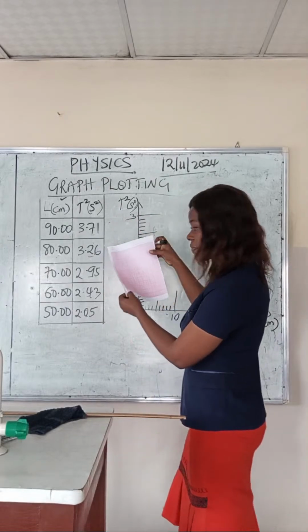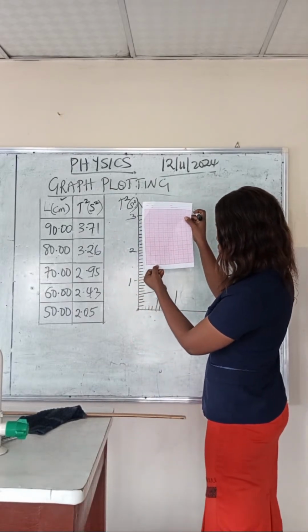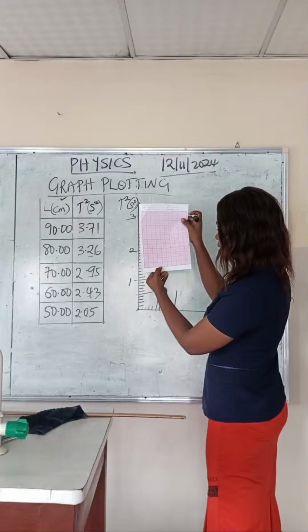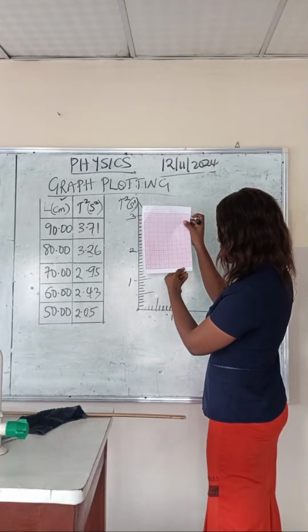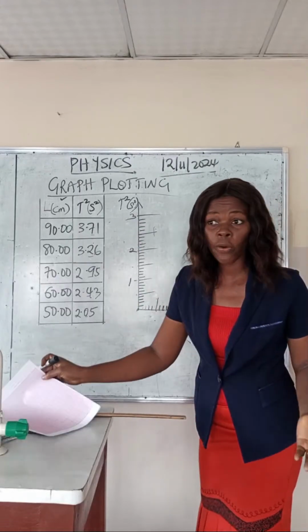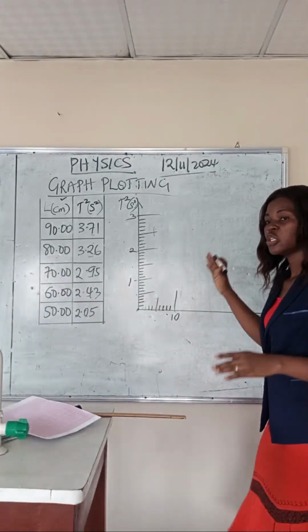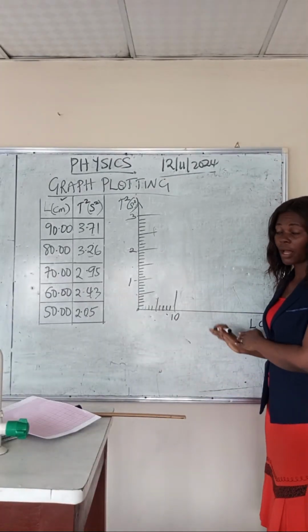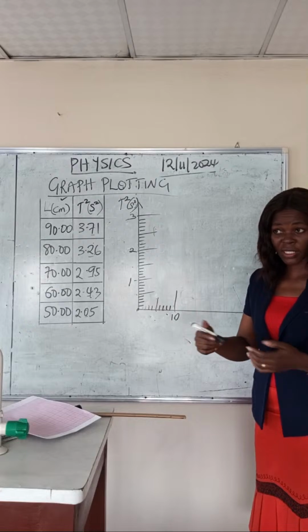Did you include it? Okay, let's go. 10, 20, 30, 40, 50, 60, 70, 80, 90. So it can go, right? So I'm going to use 2 cm on this horizontal to 10 units, okay?